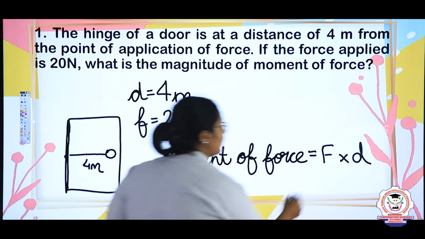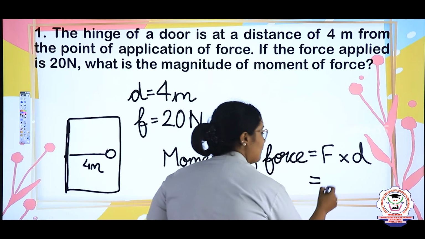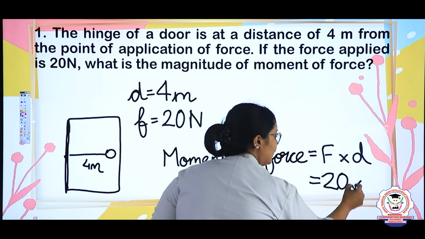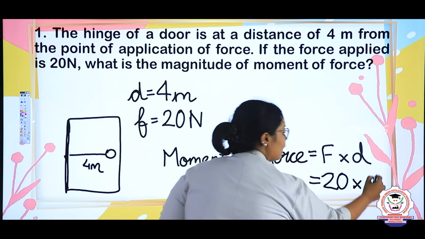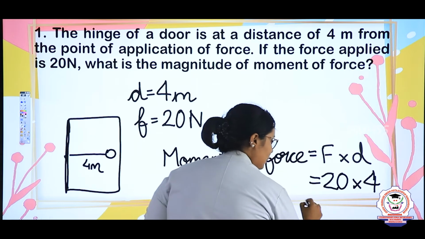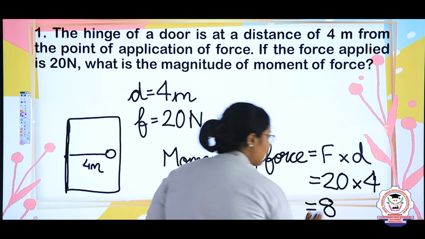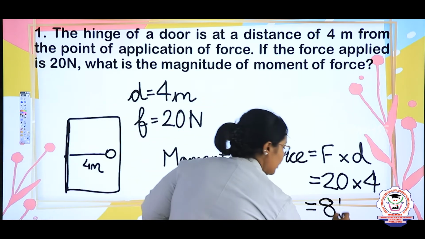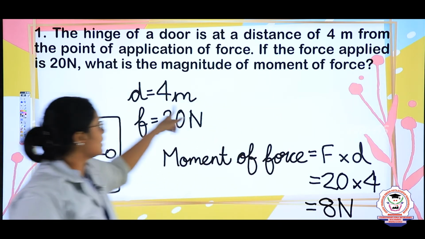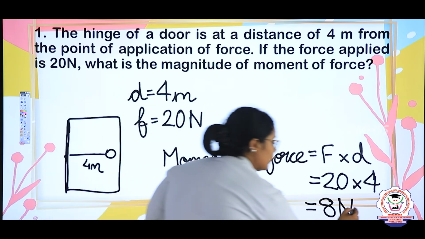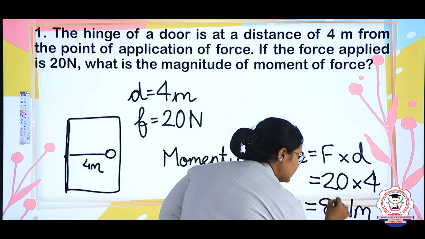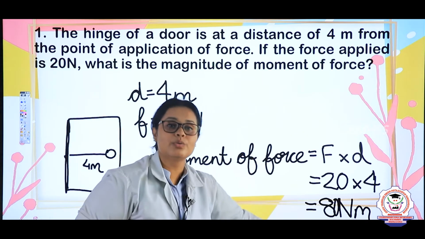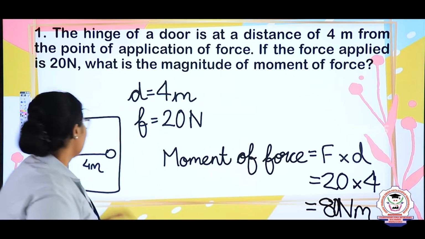So directly we can apply here and the answer will come as, how much is force? Force is 20 multiplied by distance 4. So the answer will come as 80, and the unit of force is Newton. You will write Newton and for distance it is meter. So you will directly write meter here, and this is 80. Okay, it is not 8, it is 80 Newton meter. Okay children? Yes.